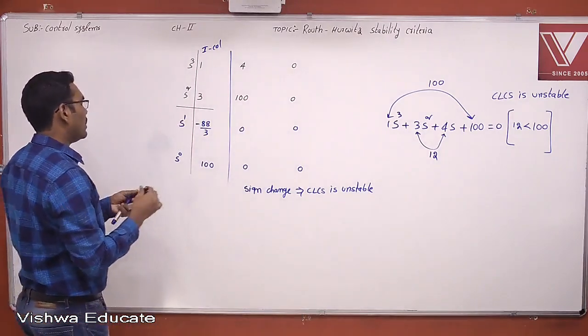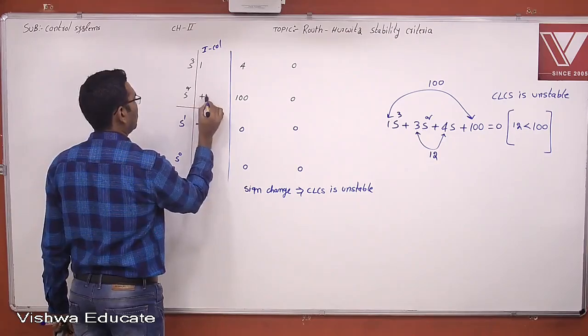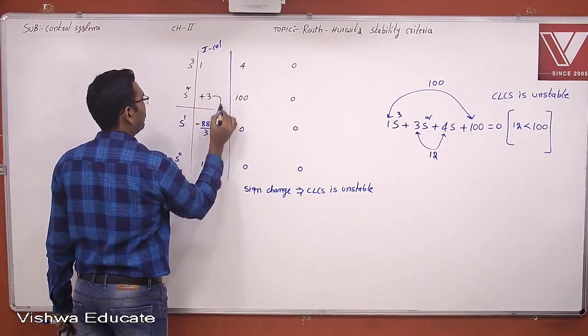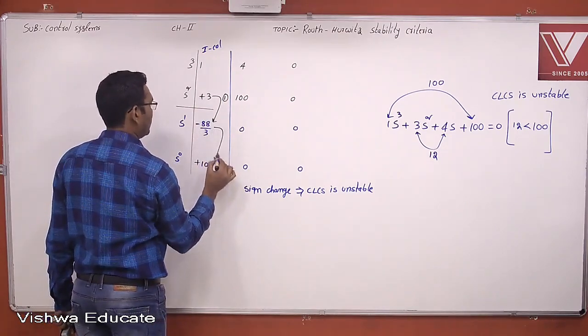Now you check the general method, how many sign changes? This is plus 3. Positive to negative, 1 sign change. Now negative to positive, this is another sign change.